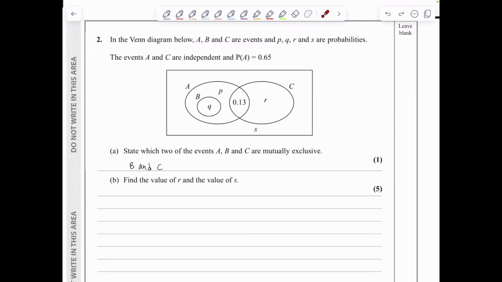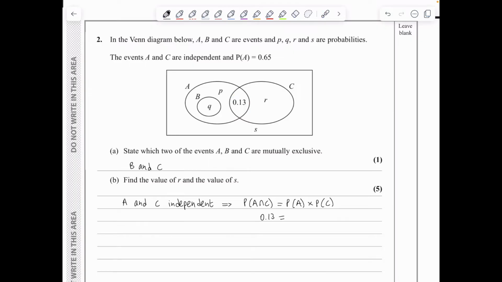In part B, we are told to find the value of R and the value of S, and I will be using the fact that A and C are independent, which simply means that the probability of A intersection C is the probability of A times the probability of C. Well, A intersection C is this region here, the common region between events A and C, which is 0.13.